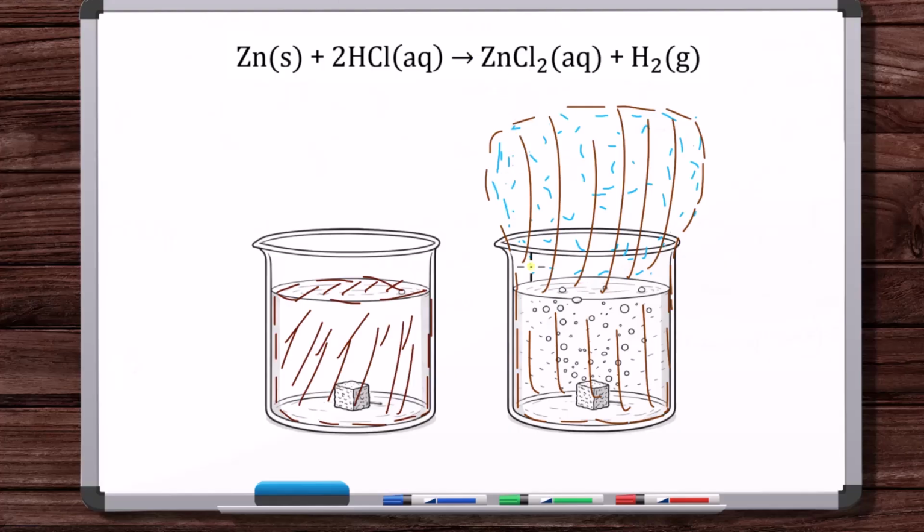Well, in order for this H2 gas specifically to expand into its final volume, it has to push the surrounding atmosphere out of the way. And in this process, this is work taking place at the system boundary. Specifically, this is a type of pressure volume work, often called PV work.